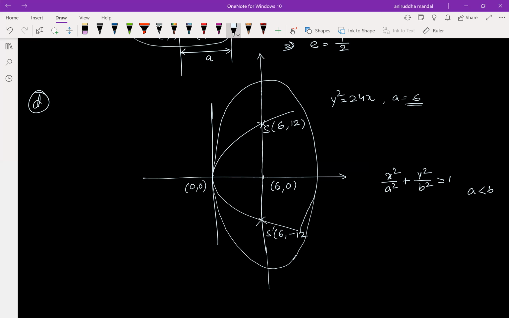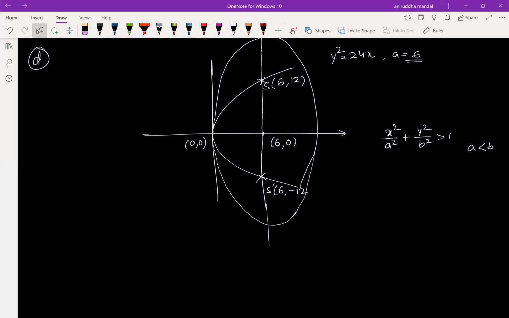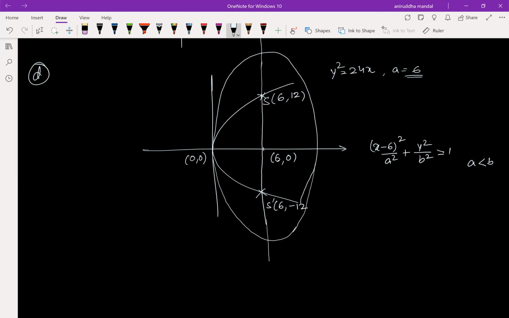So let me write the actual equation. This is the equation. Now these are the foci of the ellipse. So let's say 2AE means this SS dash. SS dash means 24.